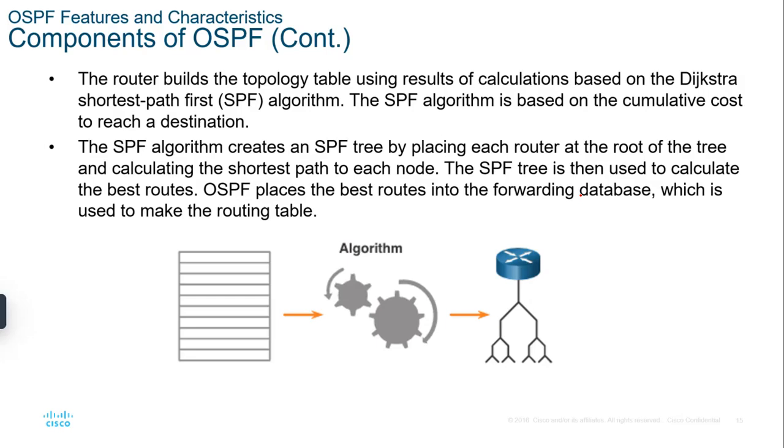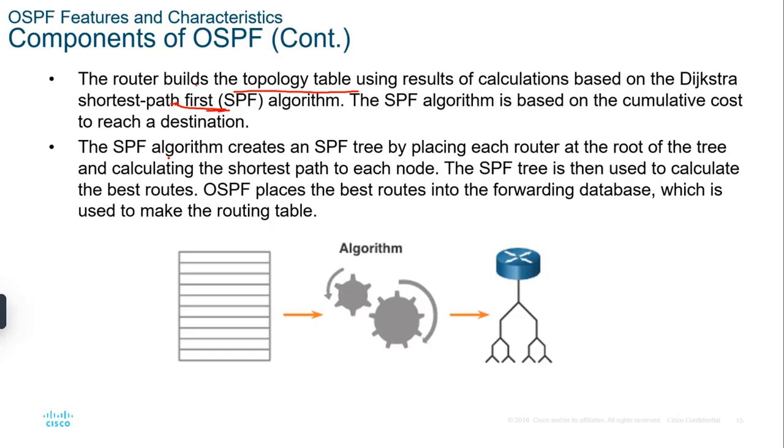So the algorithm that is used to build the topology table, with OSPF, is called the Dijkstra shortest path first algorithm. It's the one that is used to build the topology table.